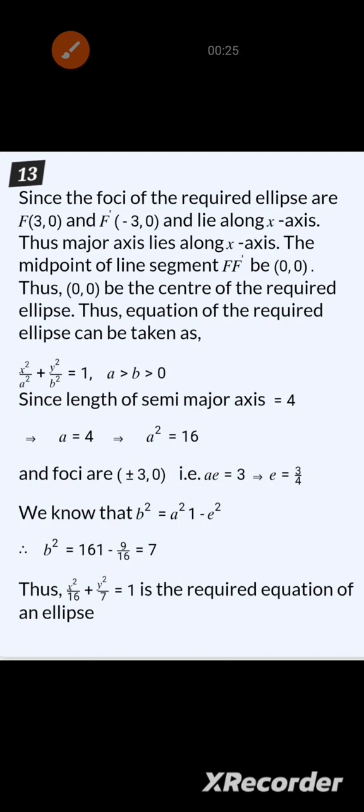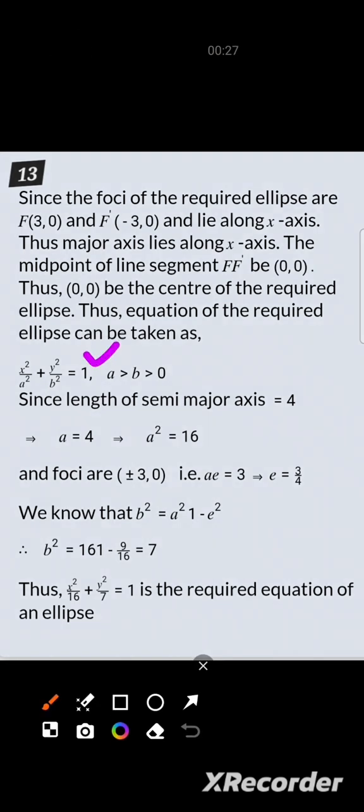So the equation of the ellipse should be in the form of x square by a square plus y square by b square is equal to 1, where a is greater than b. Now the semi-major axis is given as 4 units. That means the a value is 4 units. So a square is equal to 16.